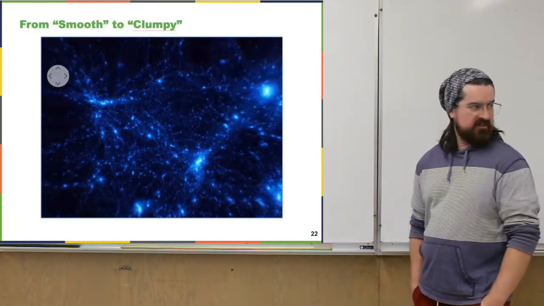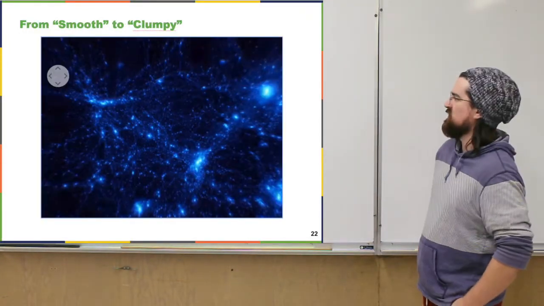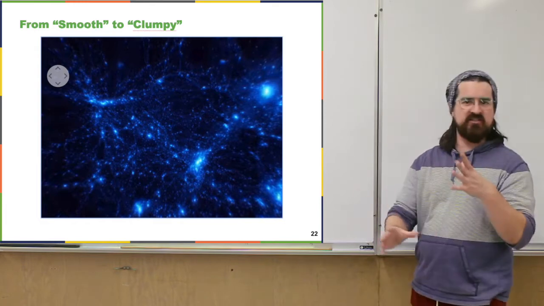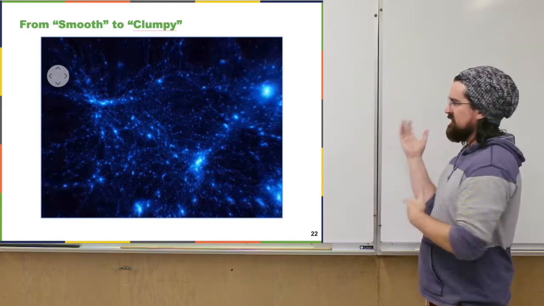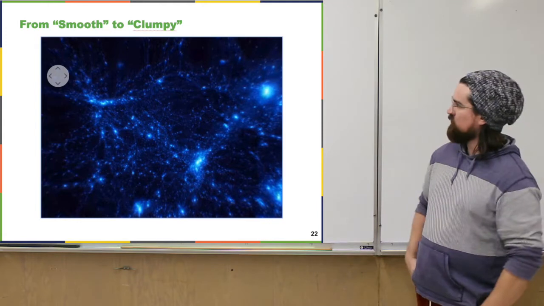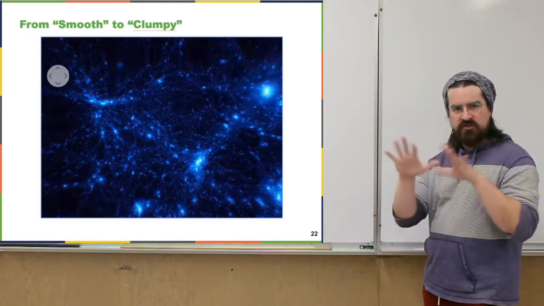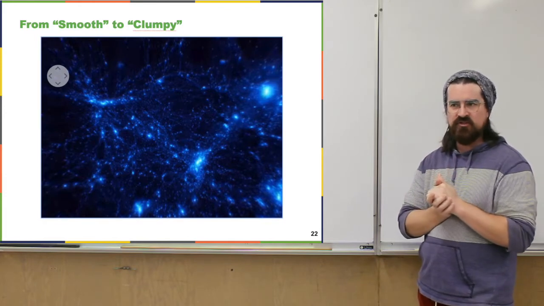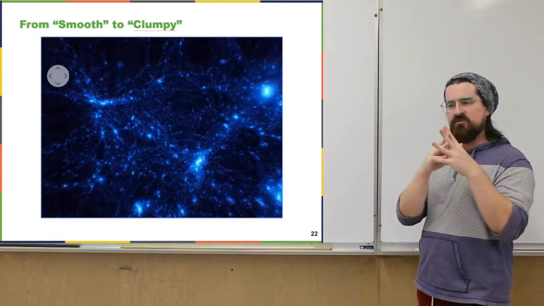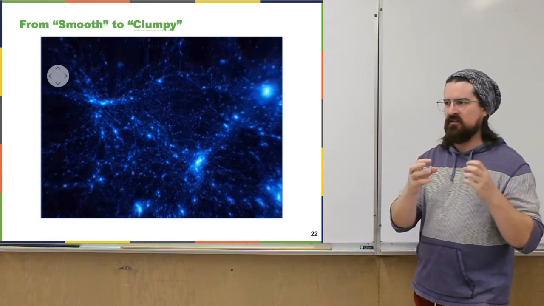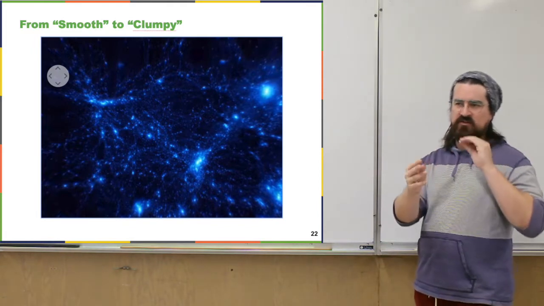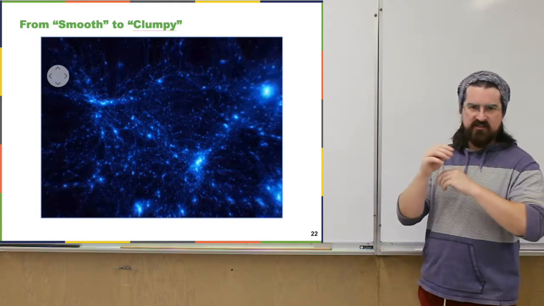The last thing I'm going to show you for this lecture is that process I was telling you about, but as a video, an animation. It starts out with fairly smooth, evenly distributed stuff in the early universe, and then as the universe evolves, you see stuff start to come together and form galaxies. Those galaxies come together to form groups of larger galaxies.